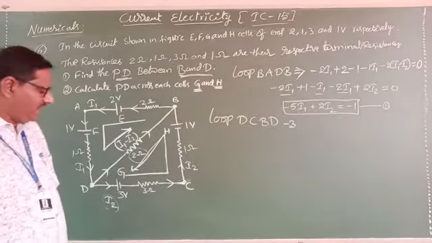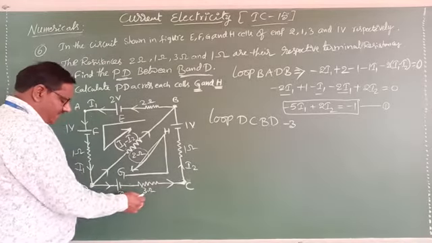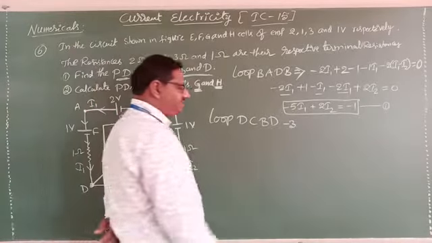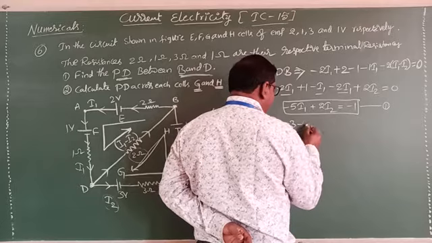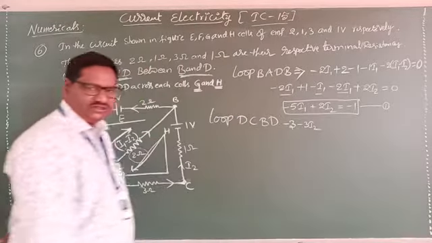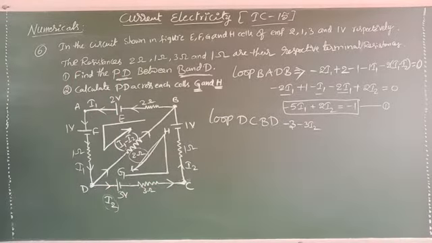Do you understand clearly? Next, I will come here. The current will be I2. It will pass across this resistor. So the potential, now you and the current are both in the same direction, so minus 3I2. Now it will come as, okay.